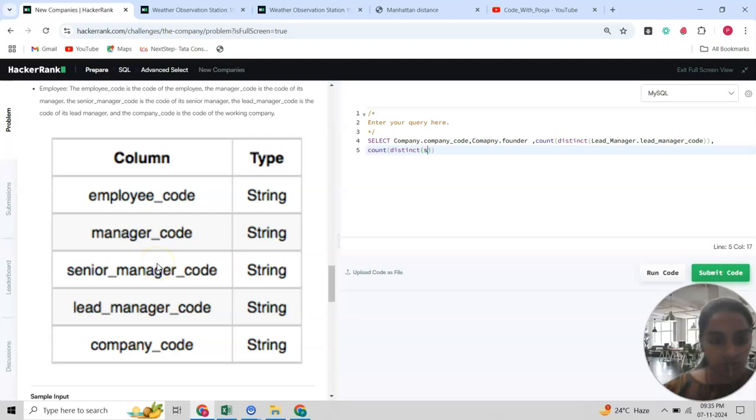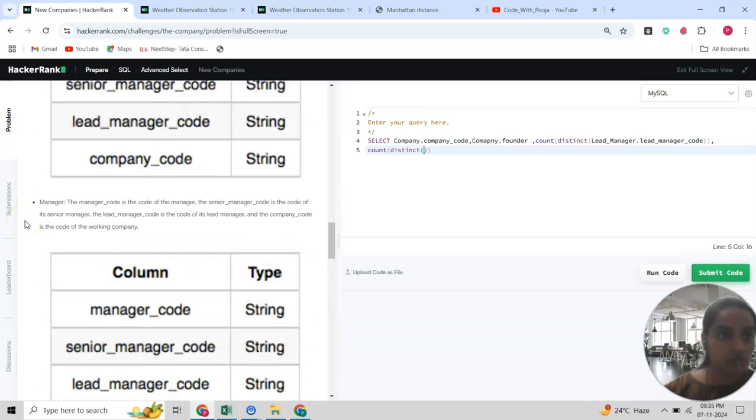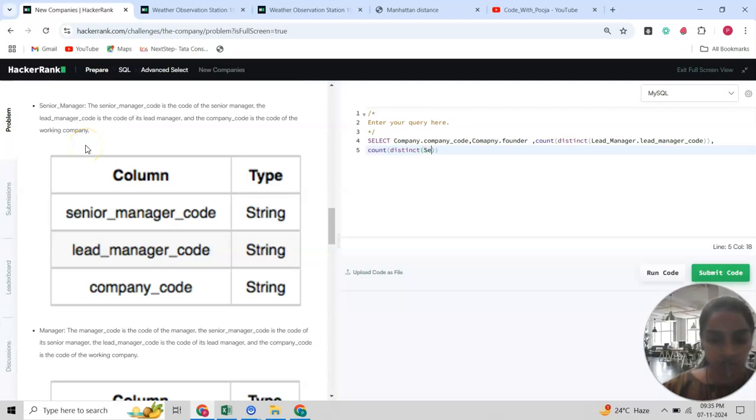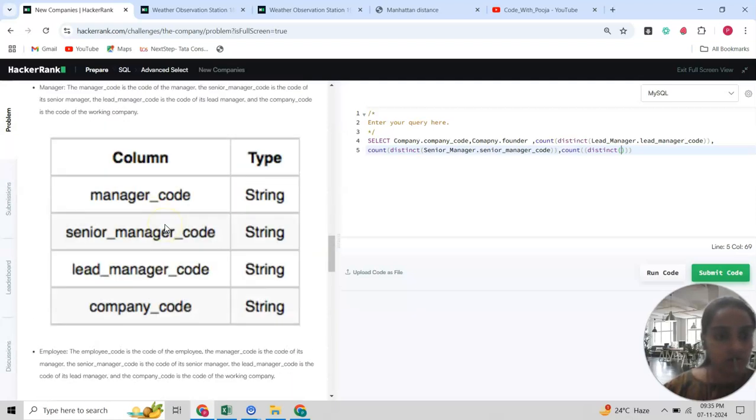Now the senior manager, from which table? It's from the senior manager table, so senior manager dot senior manager code. These are the distinct. After that they are again asking for the total of distinct, total of senior, then after that manager.